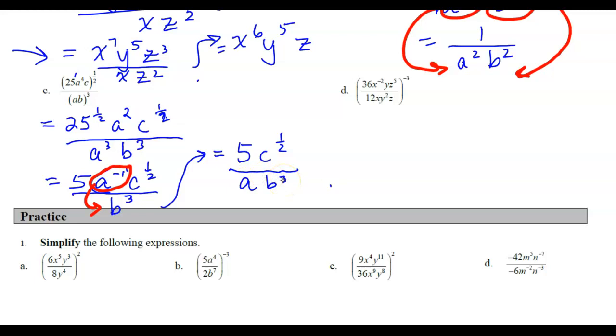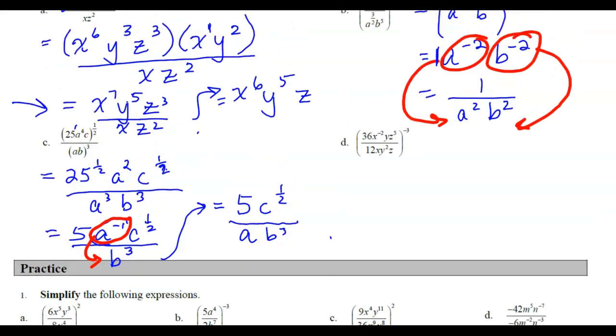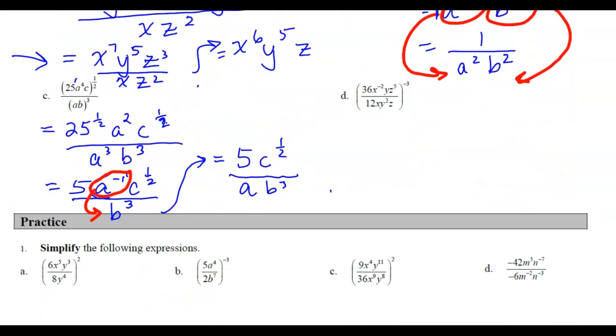If you just show it as a, that's the same as a to the positive 1. Now, did it say to use radical? It doesn't say. You could also give it to me like this, 5 root c over a b cubed, because you know exponent of 1/2 is the same as square root. So I'd accept either one.